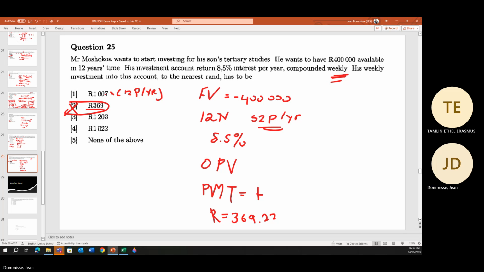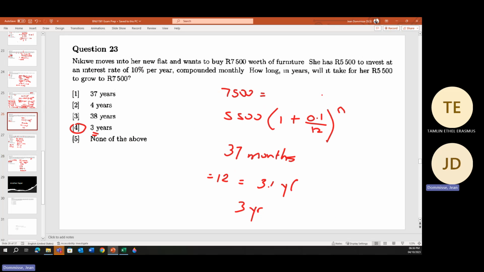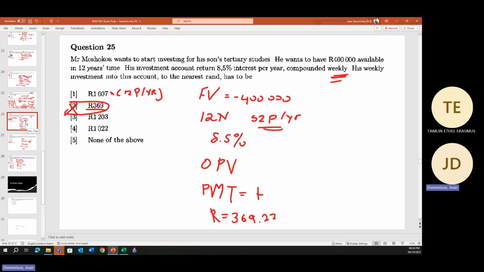What is lucky in this exam is that the 52 times per year was the last question. What can happen is that they ask it way up front, that you're working with the 52 times per year.